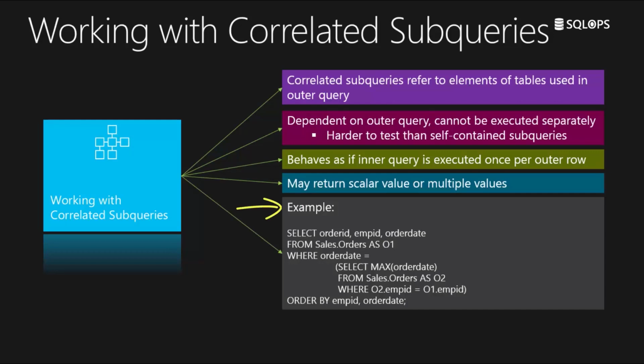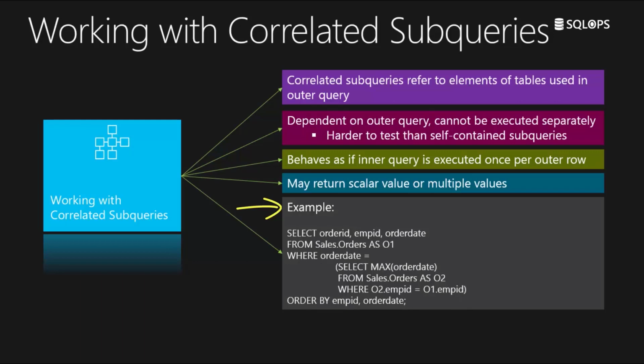Let's take a quick look at this example. This query uses a correlated subquery to return the orders with the latest order date for each of the employees. The subquery accepts an input value from the outer query, in this case, the employee ID from O1, and uses it in the where clause and then returns a scalar value to the outer query.